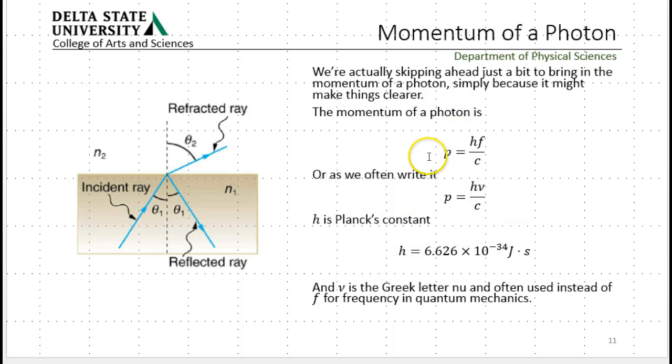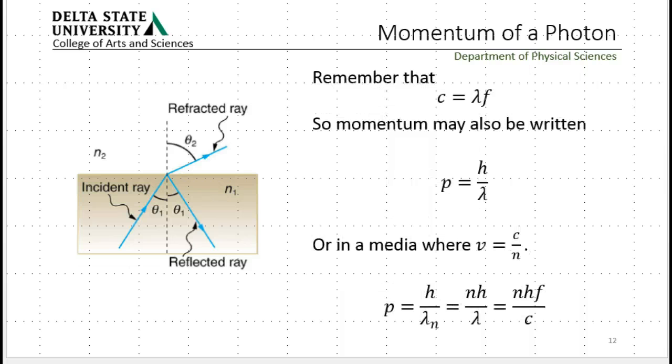So the momentum of a photon is hf over c. Remember that c equals lambda f. We can also write the momentum as p equals h over lambda, or in a medium where the velocity v equals c over n, p is h over lambda n, which is nh over lambda, equals nhf over c.